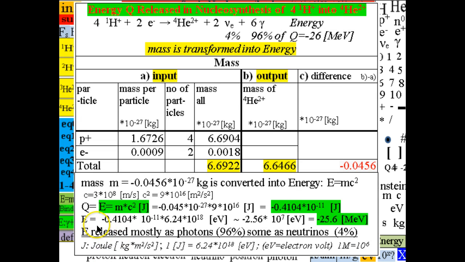There is one more step which you have to make, which is to transform the joule into electron volt, and you multiply the joules by 6.24 multiplied by 10 to the power of 18, and then you transform the electron volt into mega electron volt by dividing the electron volt by 10 to the power of 6.